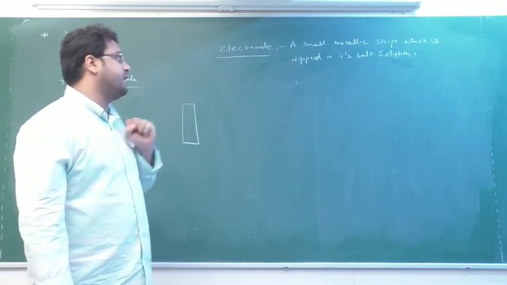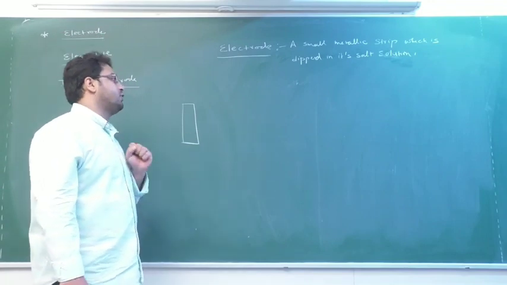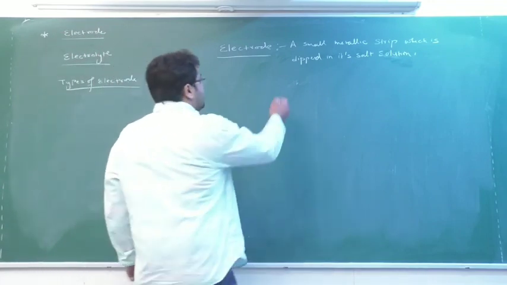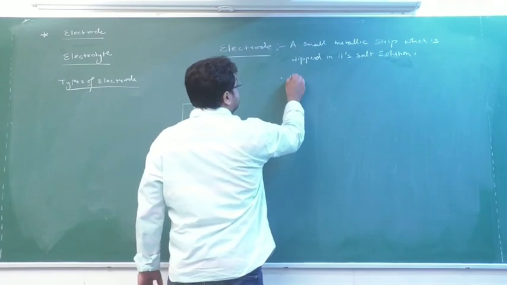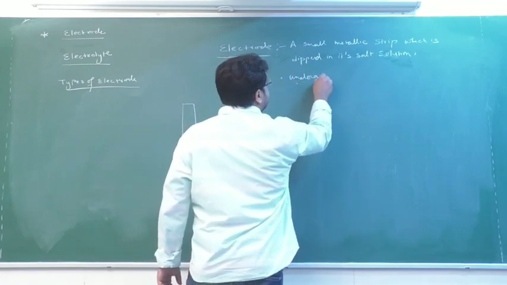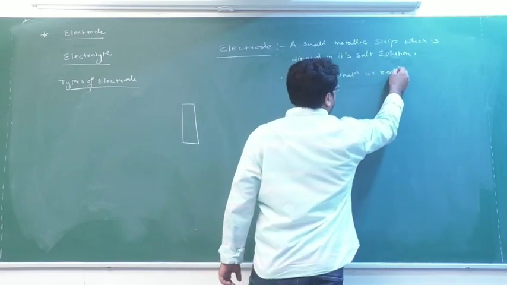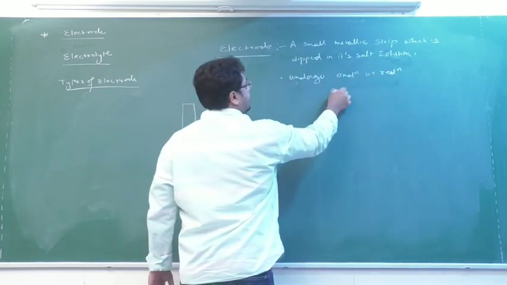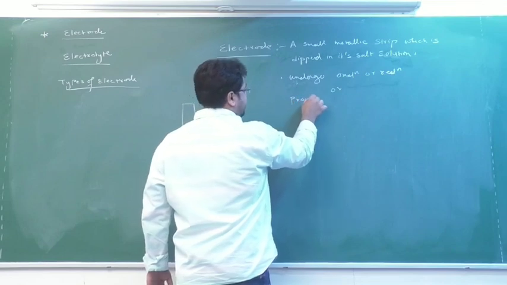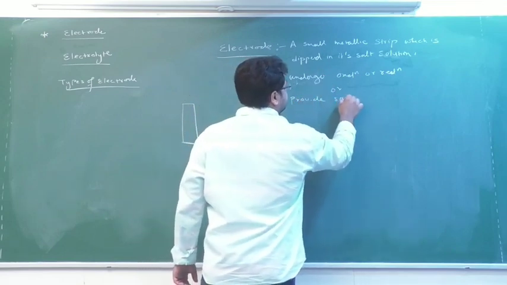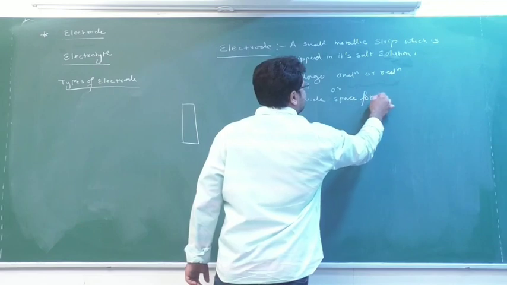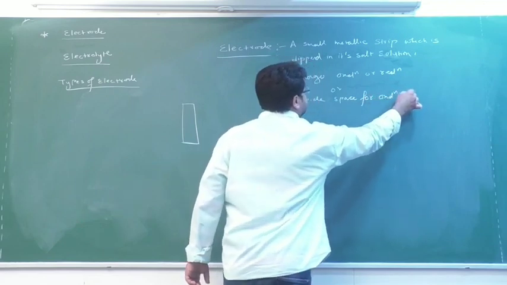Now what is the role of that? What is the use of an electrode? The electrode undergoes oxidation or reduction, or it provides the space for oxidation or reduction.